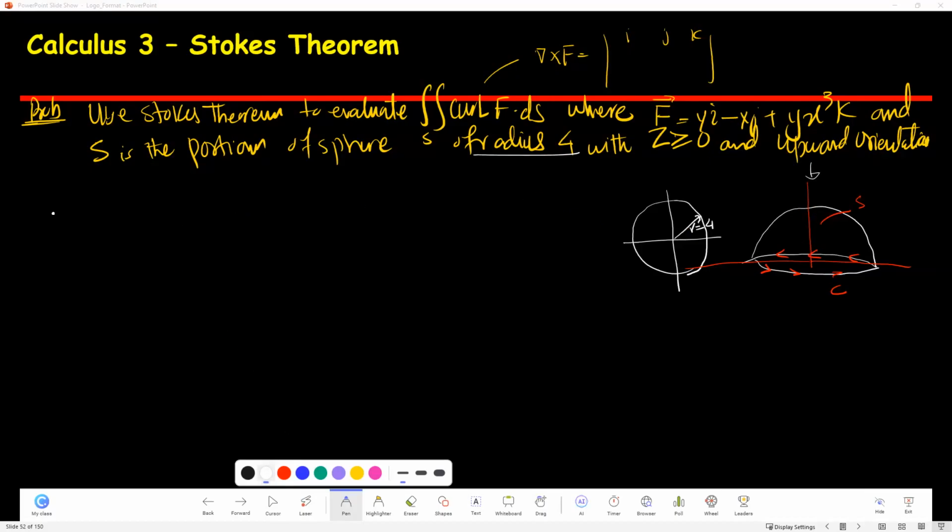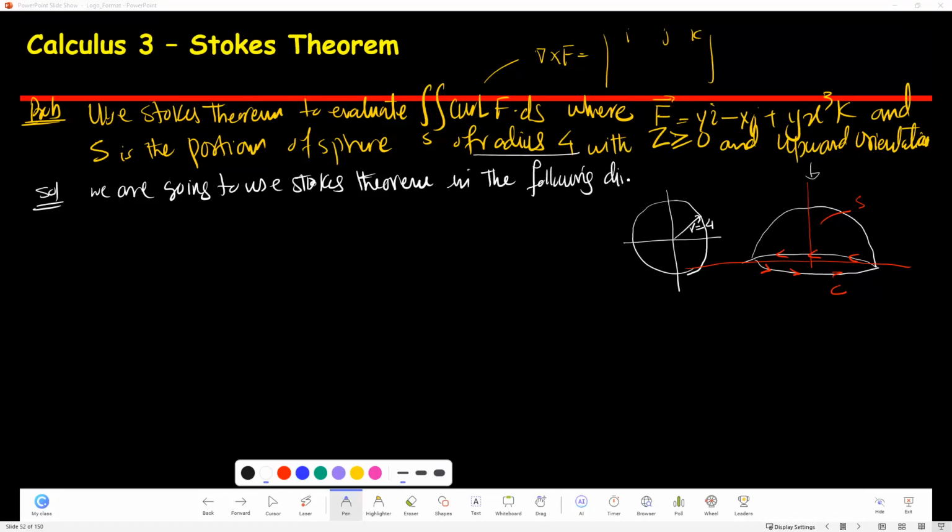So what I'm going to do is write that we are going to use Stokes theorem in the following direction.